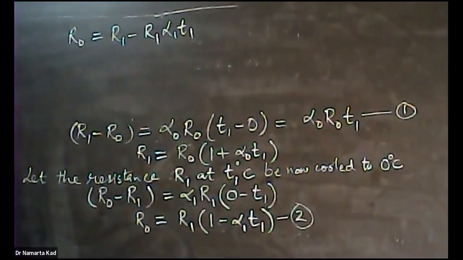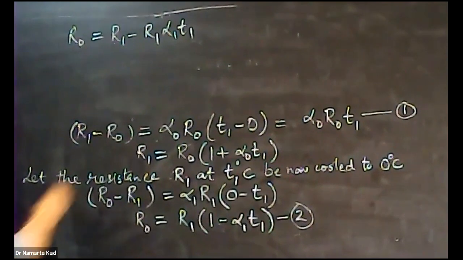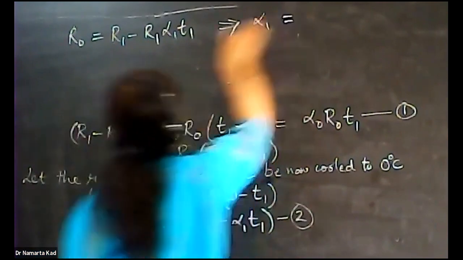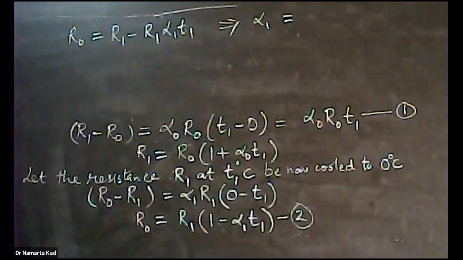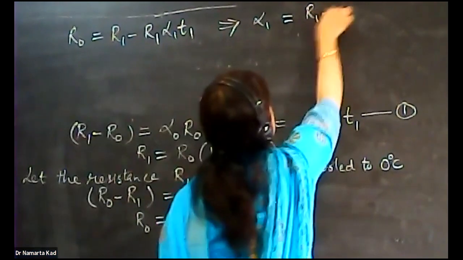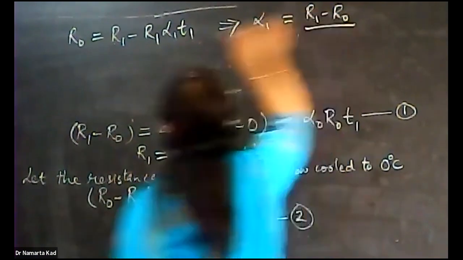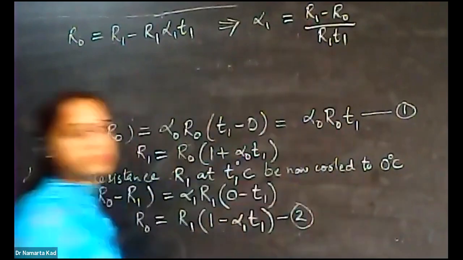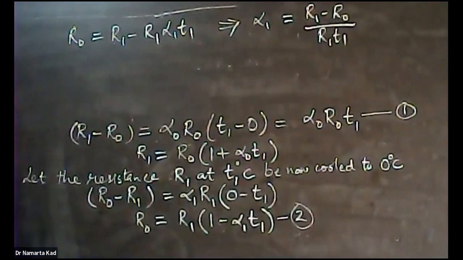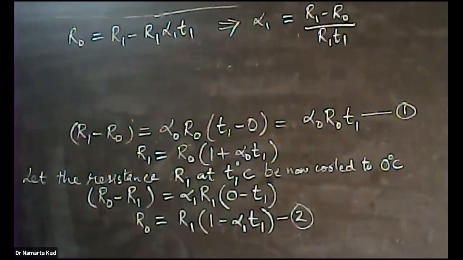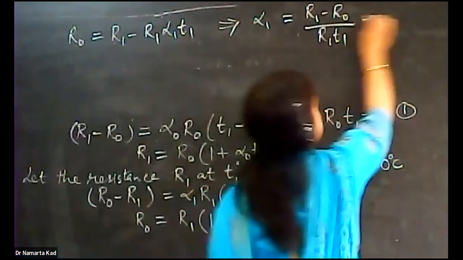That is the same equation, equation number 2. And from here, alpha 1 comes out to be (R1 minus R naught) divided by R1 T1. This is the formula of alpha 1 that comes out from this equation. And just mention this as equation number 3.